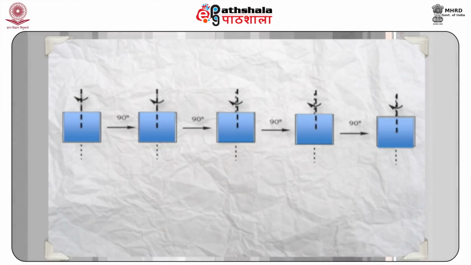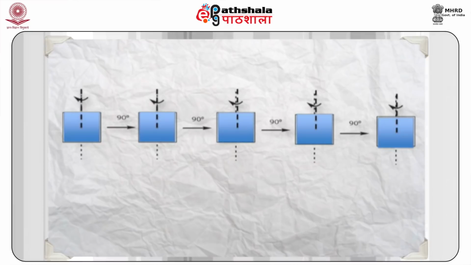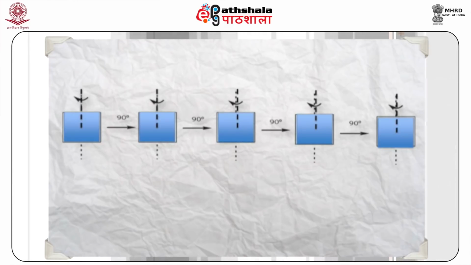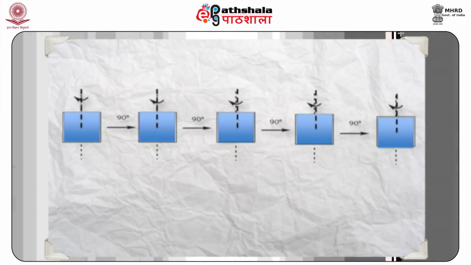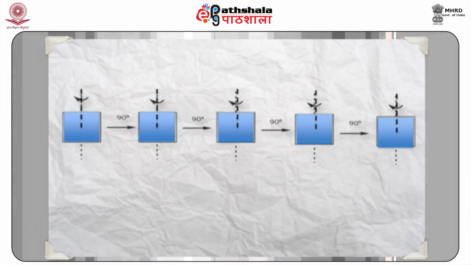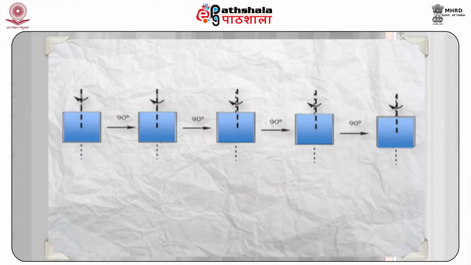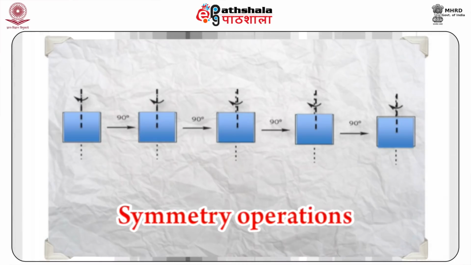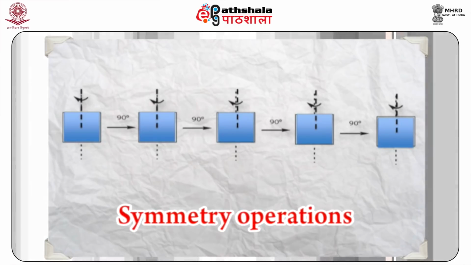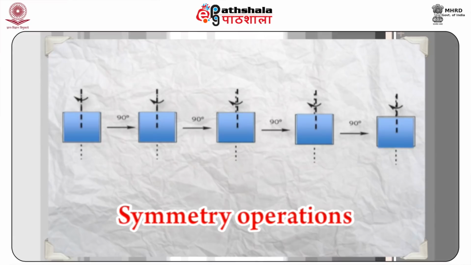These also give rise to similar results. Here, we can see that all the resulting configurations look the same and cannot be distinguished from each other. These rotations or movements are symmetry operations.